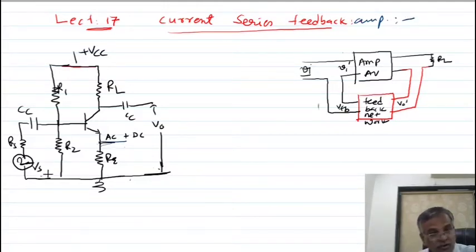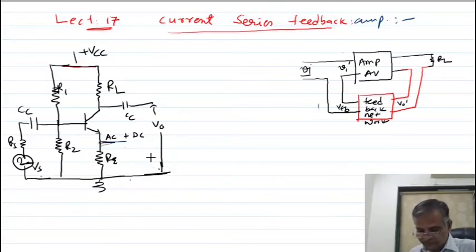Again, the common emitter amplifier circuit with a voltage divider bias and an unbypassed emitter resistor is an example of current series feedback. Now let us justify how you can say it is a current series feedback.